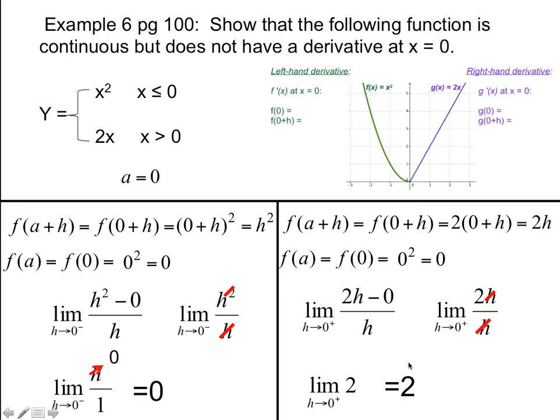If we're on the blue line, our derivative at that point would be 2. So those numbers don't match. So we must not have a derivative at 0. If we have two different values, then we do not define the derivative at that location. So again, we're going to start calling this a cusp because we have a curve coming into a line.